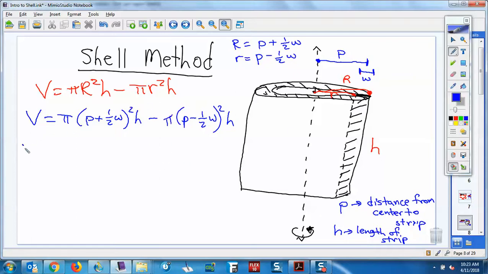All right. So, let's factor out the pi and the H just to make life a little easier on us. Okay, well, so we'll factor out the pi and the H on each one of those. And now let's FOIL those out. Okay, so let's FOIL this one out. What do we get? P squared. What do we get there?